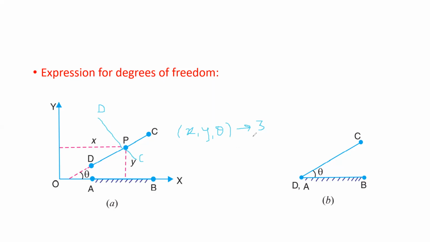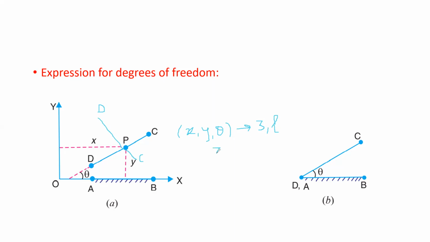Suppose you are considering a mechanism. In a mechanism there are a number of links. Suppose the number of links is L. Then how many degrees of freedom will the mechanism have?